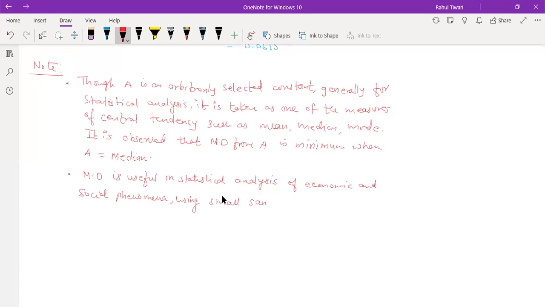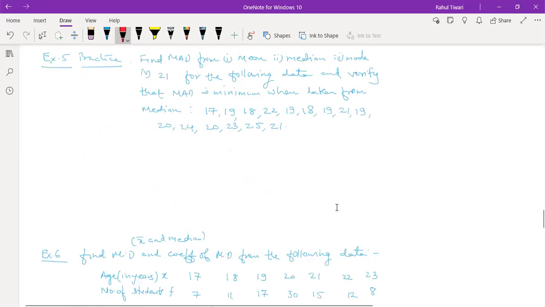Okay. So these are some notes, a note you can always remember. Okay. So you can just look at now what is remaining here.